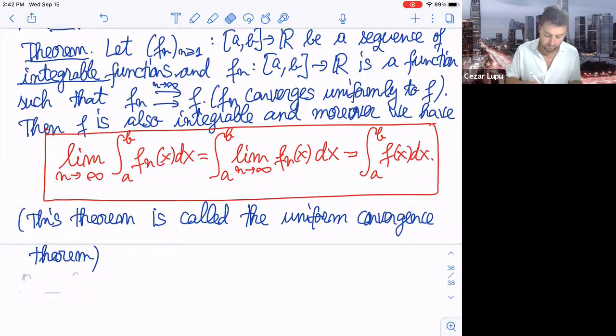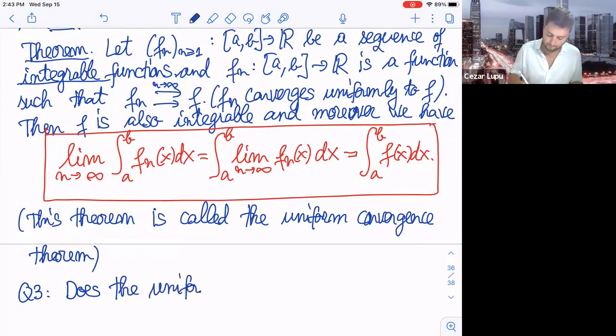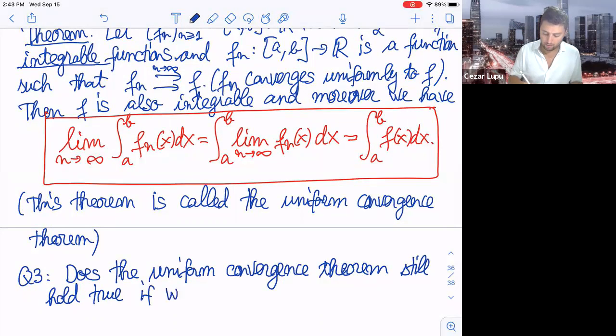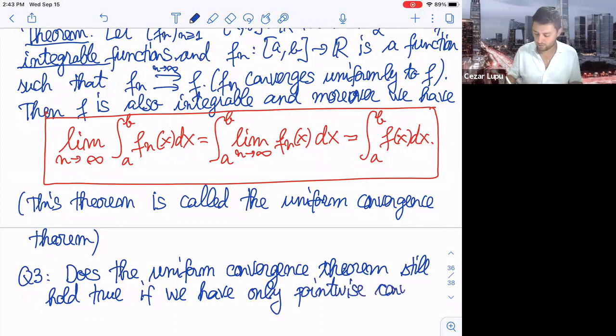So let me ask this as a question. Does the uniform convergence theorem still hold true if we have only pointwise convergence? So instead of uniform convergence, we would like to replace that with pointwise convergence.